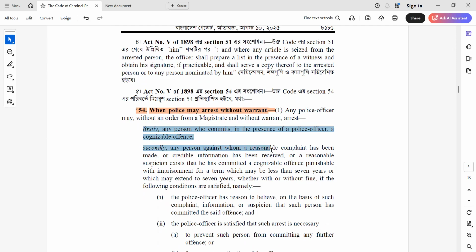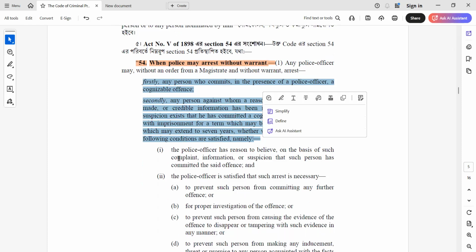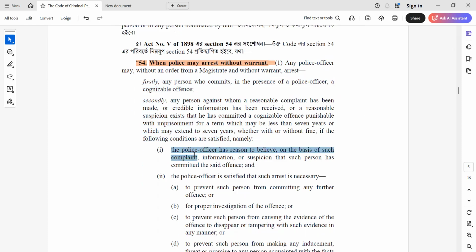Secondly, any person against whom a reasonable complaint has been made or credible information has been received or a reasonable suspicion exists that he has committed a cognizable offense punishable with imprisonment for a term which may be less than 7 years or which may extend to 7 years, whether with or without fine, if the following conditions are satisfied, namely, point number one, the police officer has reason to believe on the basis of such complaint, information, or suspicion that such person has committed the said offense.